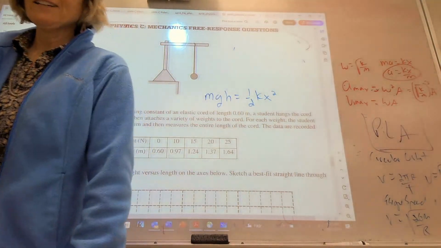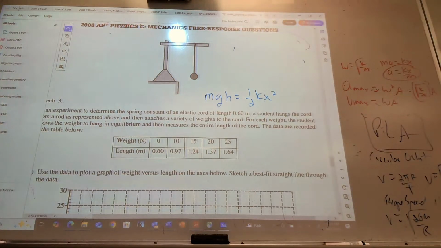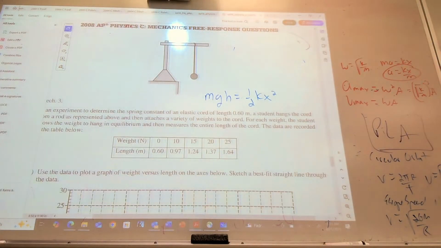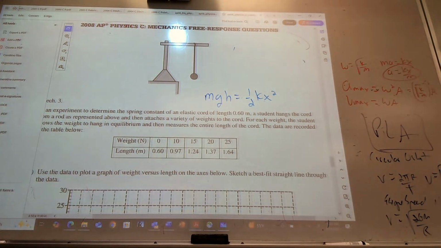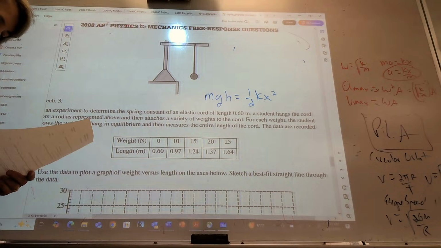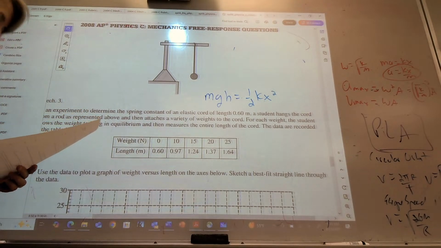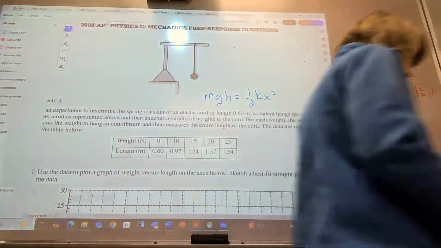The h is how far it's fallen, the x is how far the spring has stretched. Show me when you get your mass.